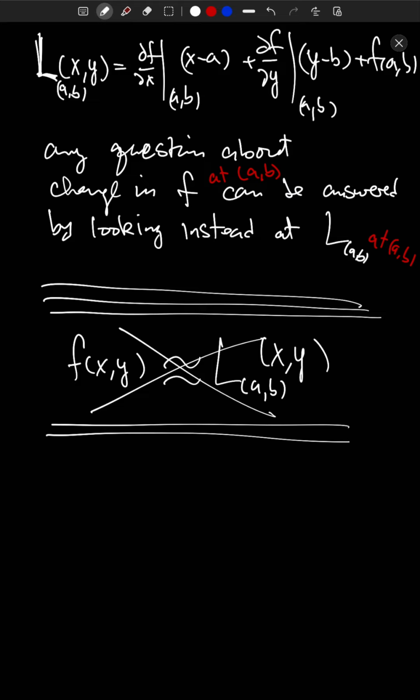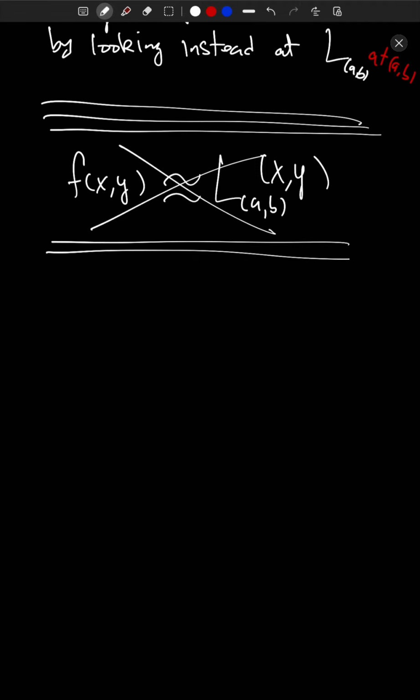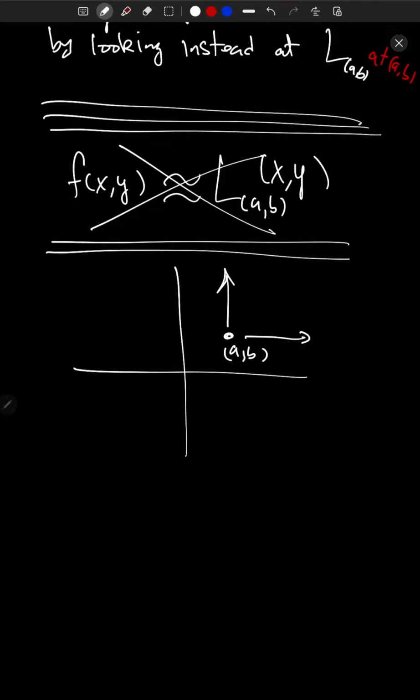Why did we do all this? We did it because originally we wanted to answer the question: if we're at (a,b), how does my function change in directions other than the x direction and the y direction? How does my function change if I move in that direction, or in this direction?